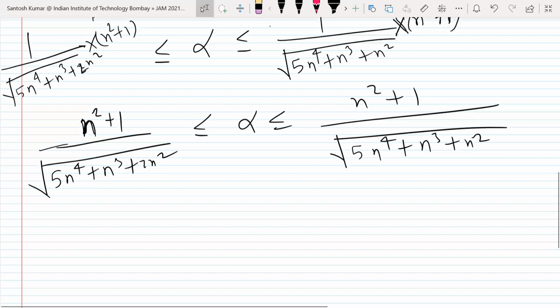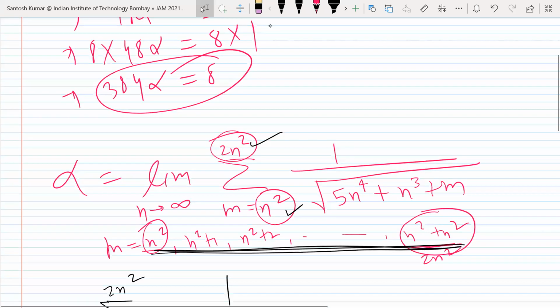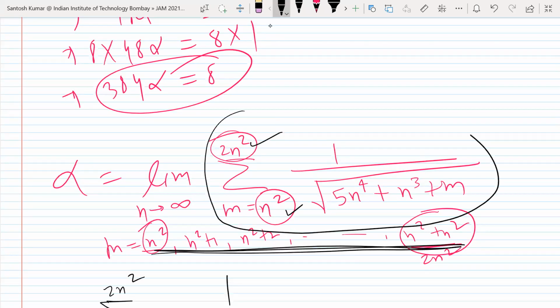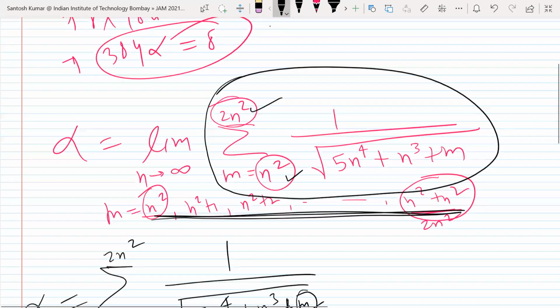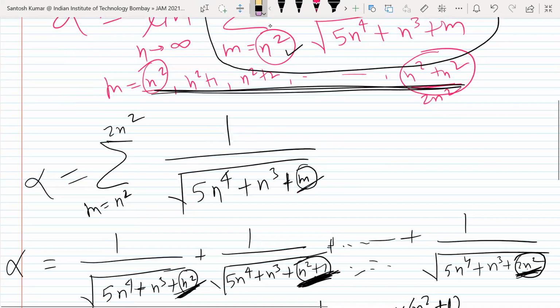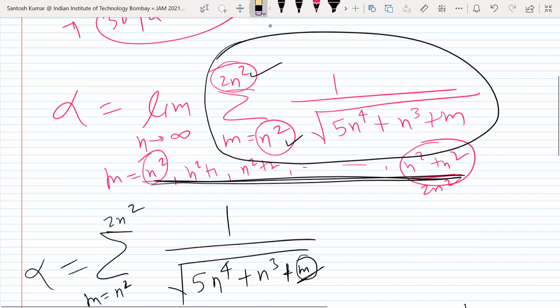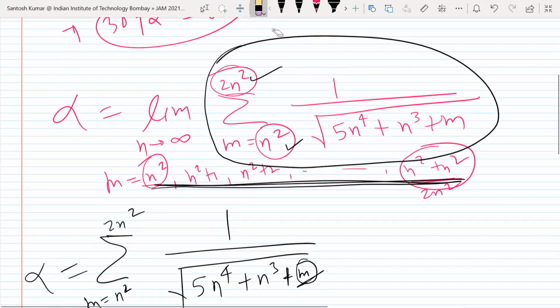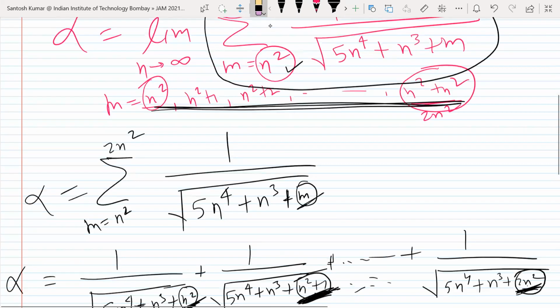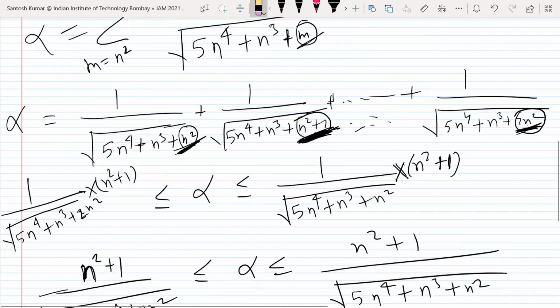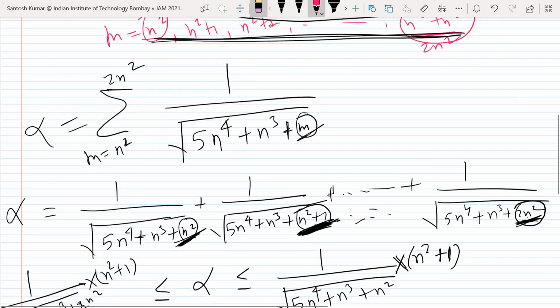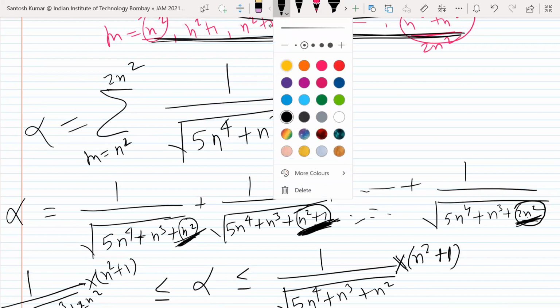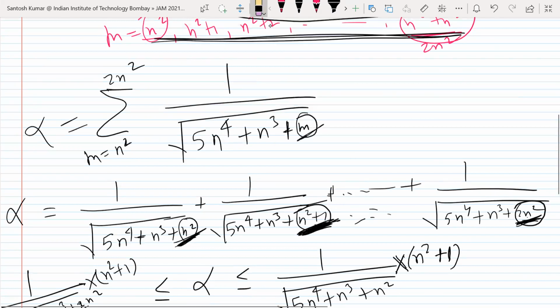Okay, take the limit on all sides. I named this term as alpha, but my intention was not to write alpha here, so you should write something else.